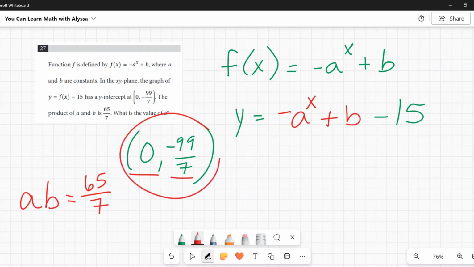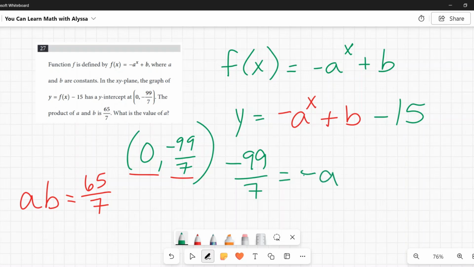Then let's go back to our equation and plug these in for x and y and see what we get. Actually, let's just put that weirdo negative 99/7 there for y. So weird. Then I'm going to put in 0 for my x.